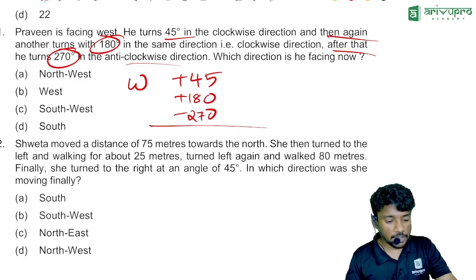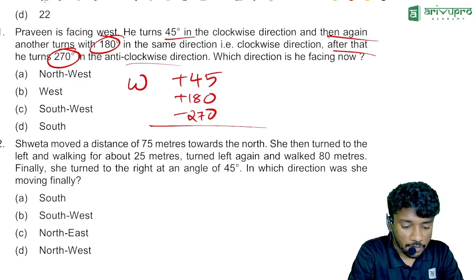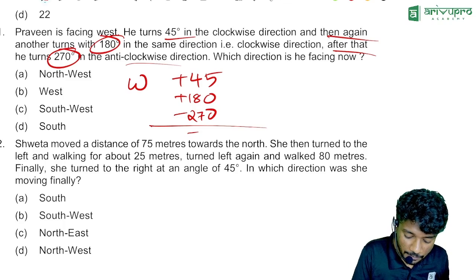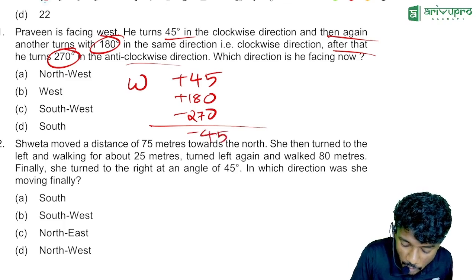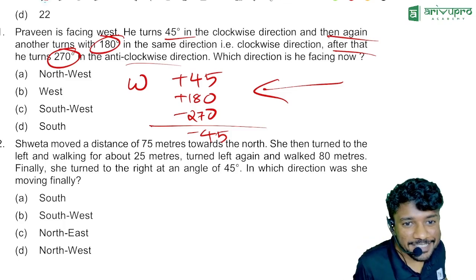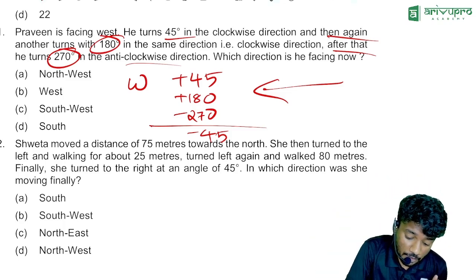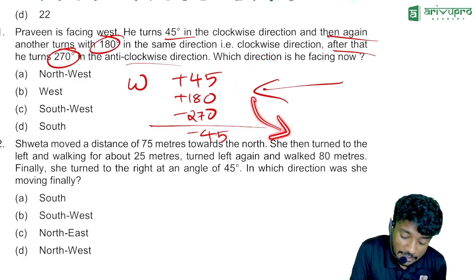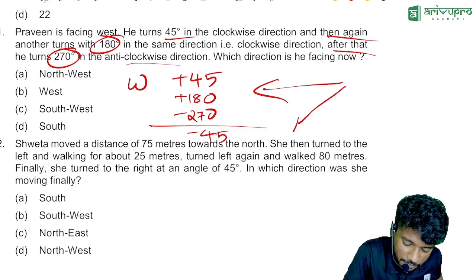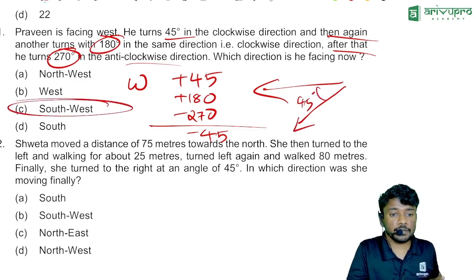So total is 45 plus 180 minus 270. How much is it? Minus 45 degree. So the person is looking towards west. Now anti-clockwise means downside. Answer is southwest, 45 degree. Okay.